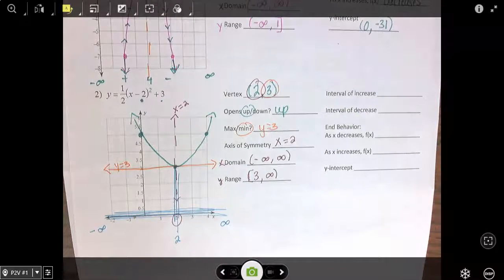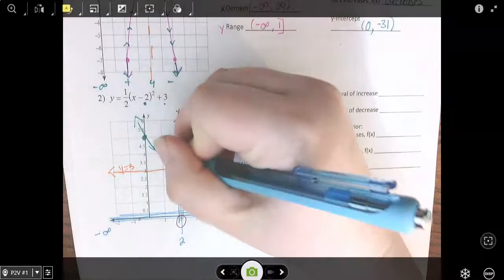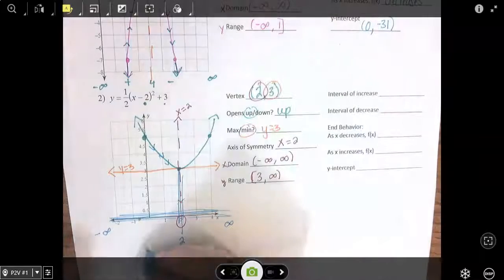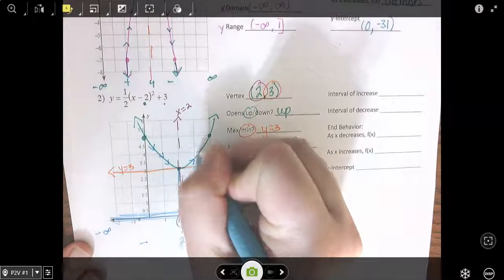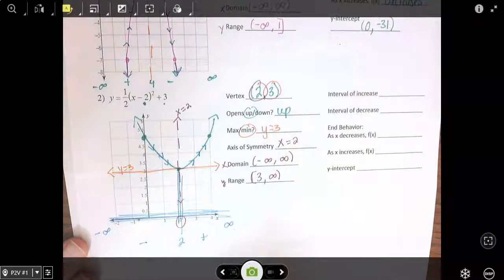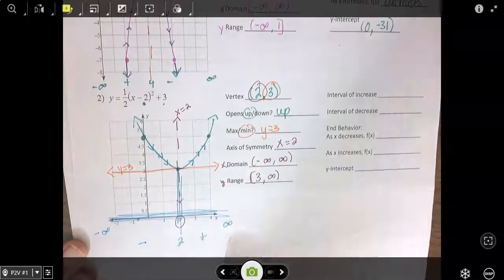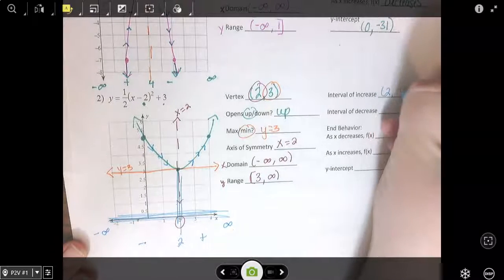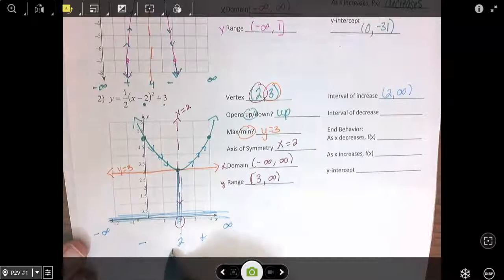If you're looking at that, from negative infinity to 2, the graph is going down, so I'm going to put a minus sign. From 2 to infinity, the graph is going up, so I'm going to put a plus sign. So the interval of increase would be 2 to infinity. The interval of decrease is going to be negative infinity to 2.